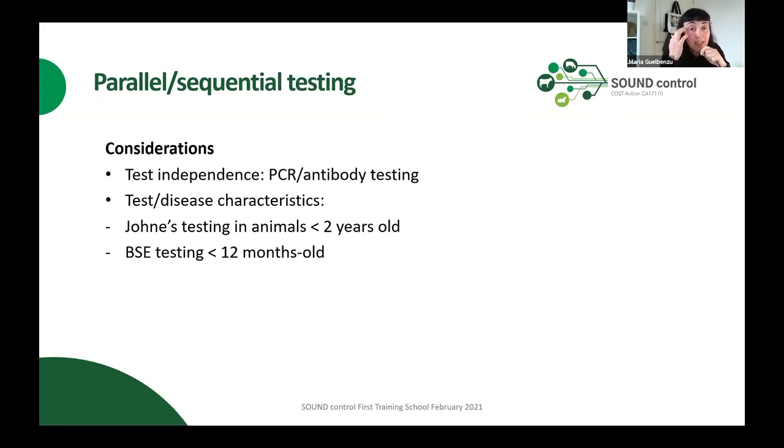So also BSE testing in animals under 12 months old is probably a waste of time because we're not going to find any positives. So it is important not only in parallel and sequential testing, but obviously in the application of diagnostic testing in general.